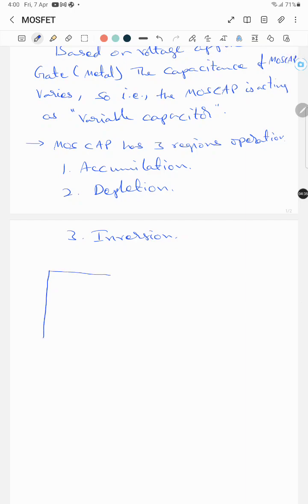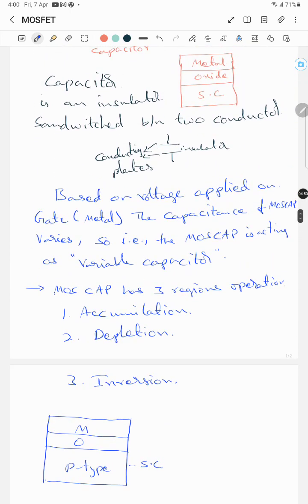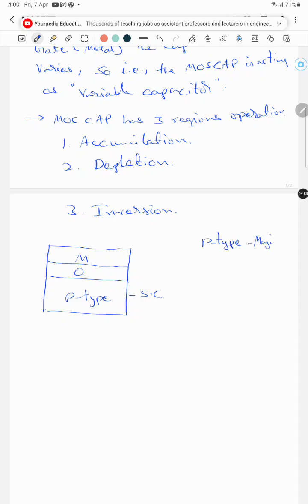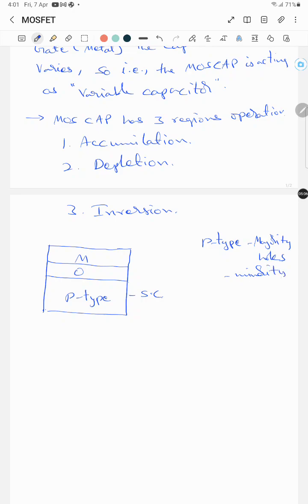This is the MOSCAP. I have a metal layer and an oxide layer. Let my semiconductor layer be P-type. I hope you know what is P-type and N-type semiconductor. P-type semiconductor has majority carriers holes and minority carriers electrons.